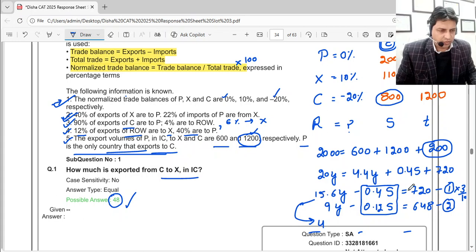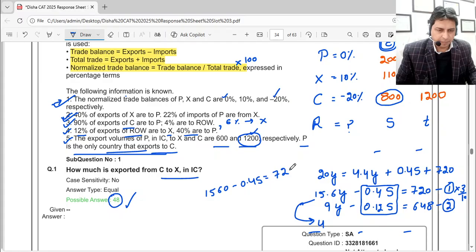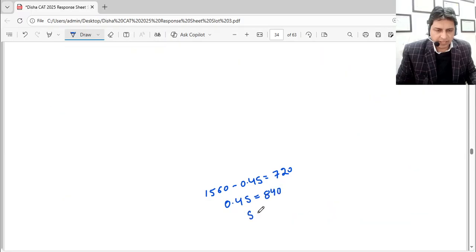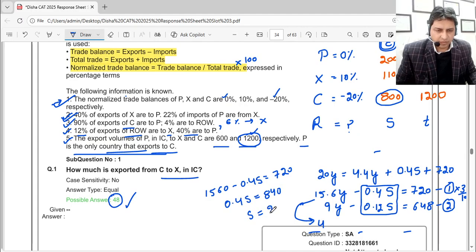So let's use this in equation 1: 15.6y, that is 1560, minus 0.4s, that is equal to 720. That means 0.4s is equal to 840. That means S is going to be 2100.